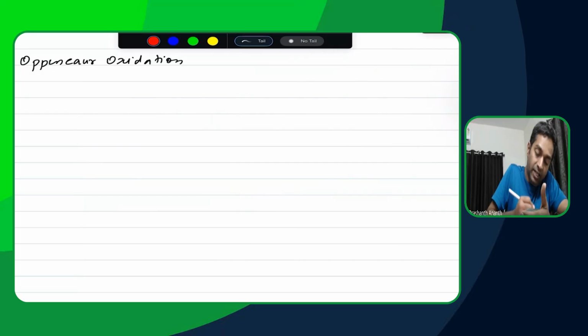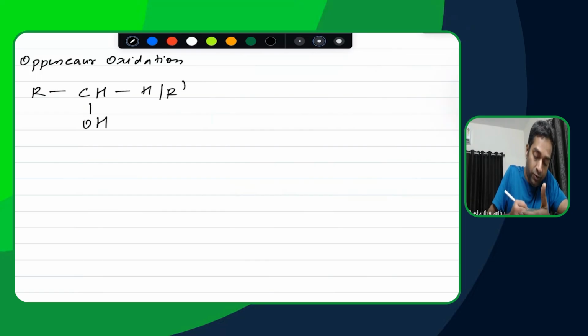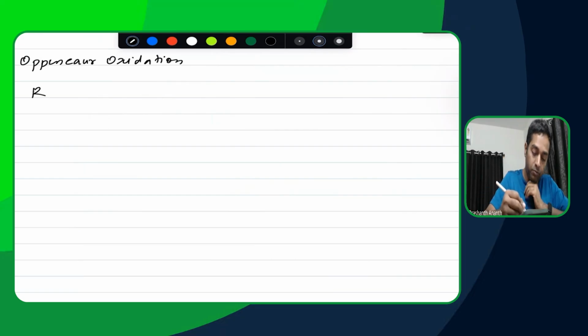So when I say general alcohol, I'll be taking, say, something like R, CH(OH), R dash. I'll be taking a random general alcohol over here, something which can undergo oxidation.